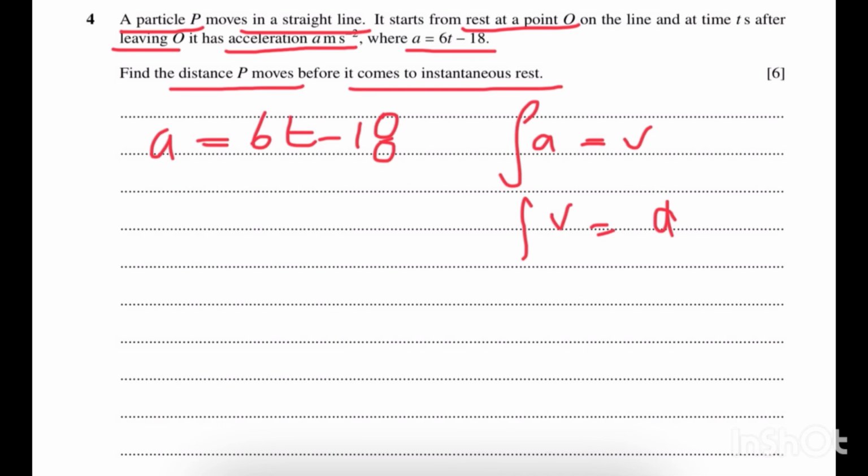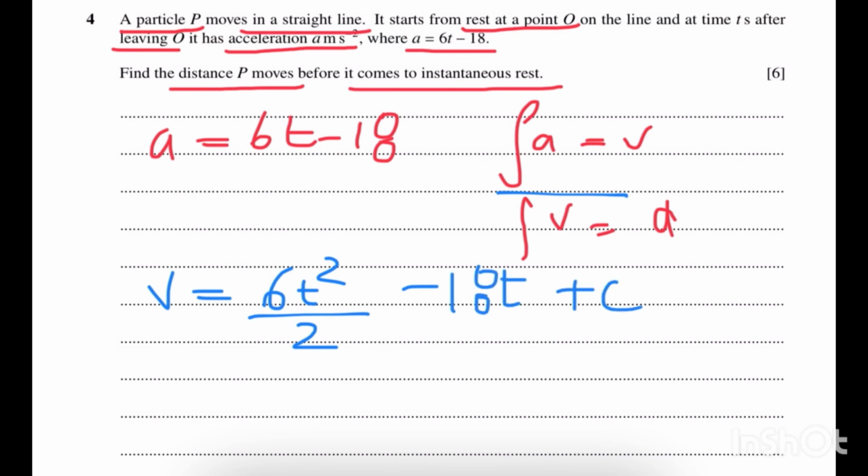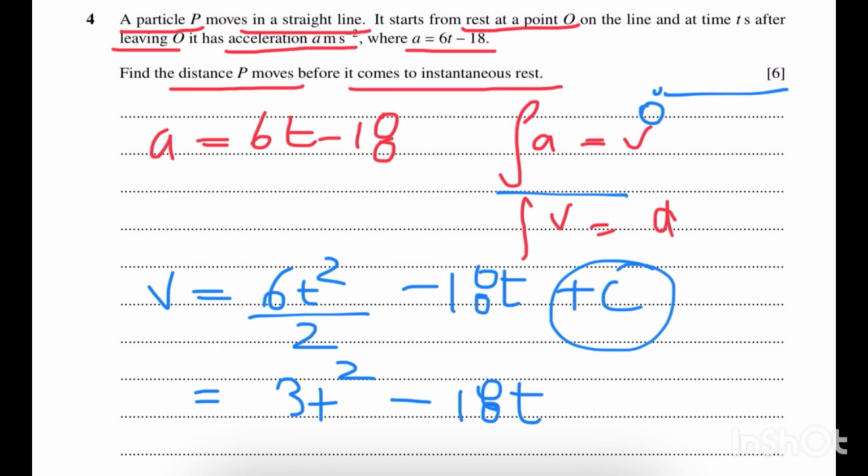So first let's integrate the acceleration. We get the velocity is equal to 6t squared divided by 2 minus 18t plus c. So this is equal to 3t squared minus 18t, and this c will be equal to 0, since this is the y-intercept, and since the reference point is this point O where it starts from, we can say that when t is equal to 0, both the velocity and displacement should also be equal to 0.